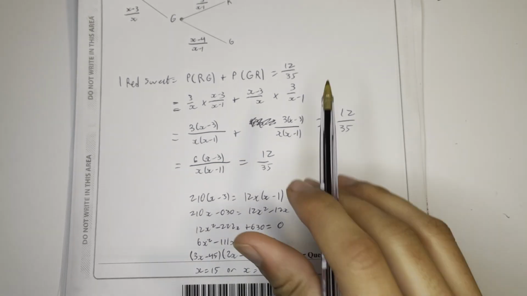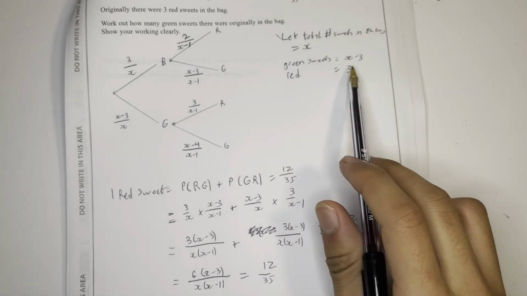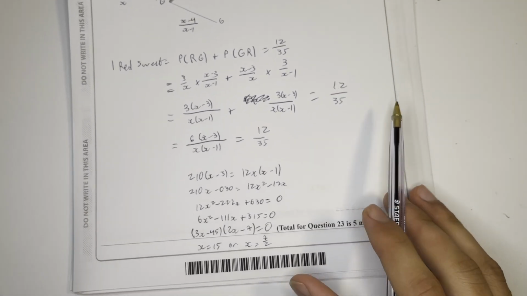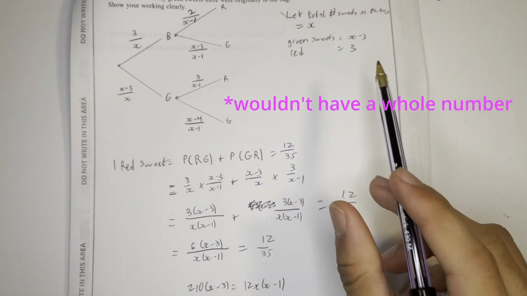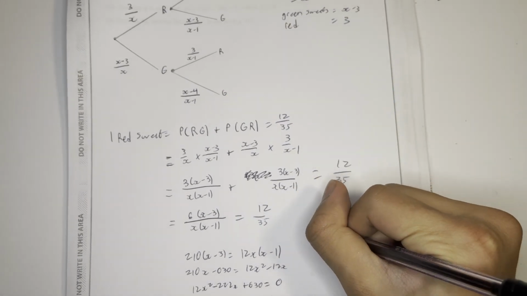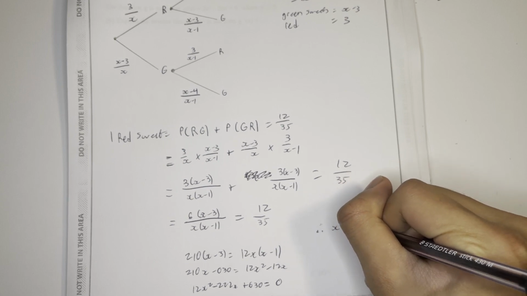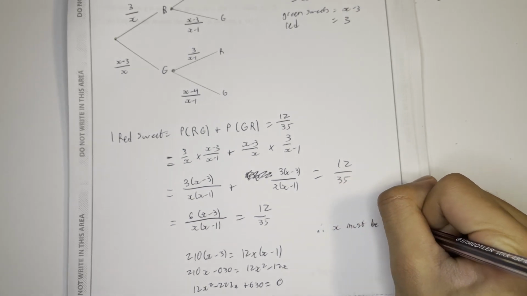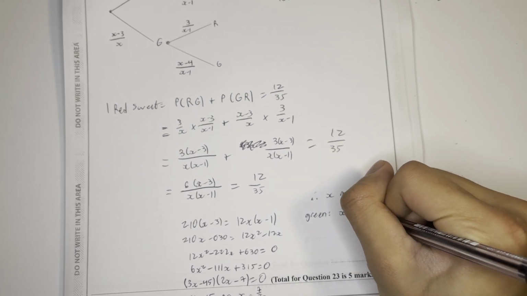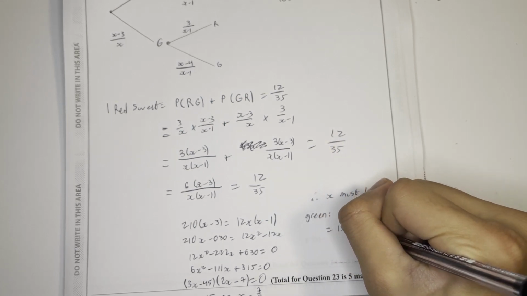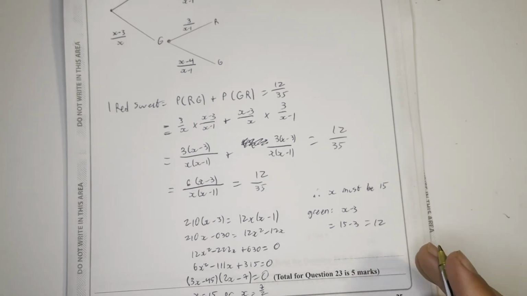However, we know that the number of green sweets has to be x minus 3. And if x is equal to 7 over 2, that means we would have a negative number of green sweets, which is impossible. Therefore, x must be 15. The number of green sweets is equal to x minus 3, which is 15 minus 3, which is equal to 12.